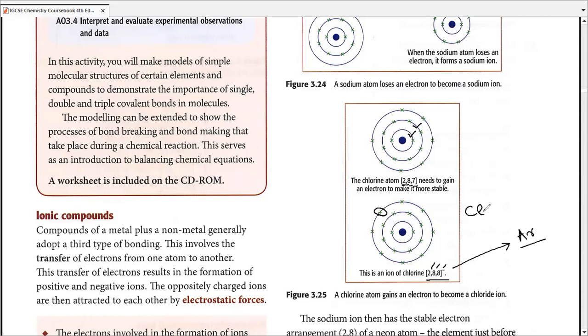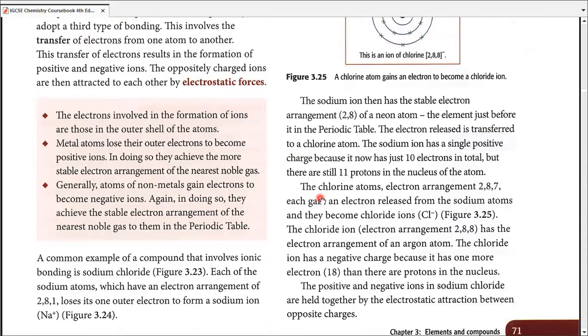However, we show it by a negative sign on chlorine, so it's a chloride ion. So the formation of positive and negative ions actually produces stable arrangements of the nearest noble gas for both the atoms. For sodium, it was neon. For chlorine, it is argon.